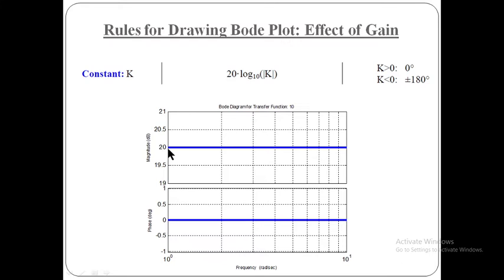The magnitude is 20 log k, so we draw a straight line for the magnitude against frequency. For the phase, it is 0 when k is greater than 0, or plus or minus 180 when k is less than 0. So we draw this straight line over the frequency.